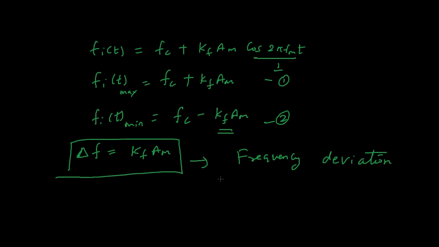So let's move on. This is frequency deviation, which is an important parameter of any FM signal, since now we are only dealing with single tone modulation. So now let's see the general equation of a frequency modulated wave.